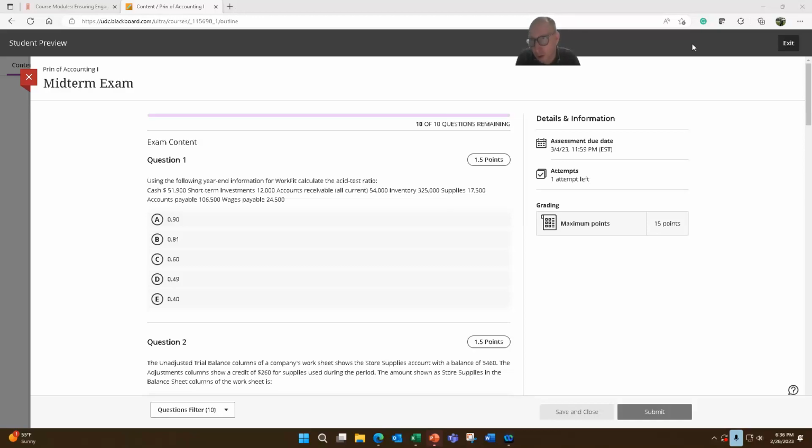The acid test ratio takes a couple of other elements into consideration. So I promise you the answer is here. It's one of these 5. Maybe read through again just to make sure you're not using the current ratio instead of the acid test ratio.